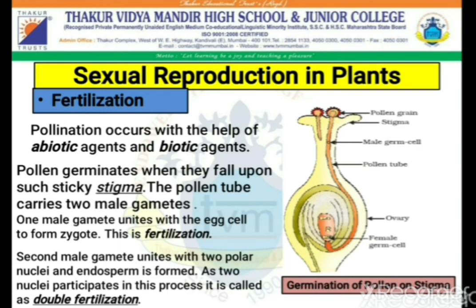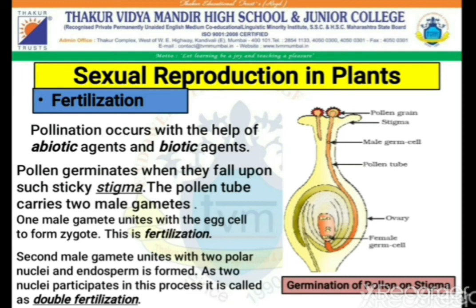So there is a new term called double fertilization. Double fertilization means the fertilization is carried out two times. The first male gamete has combined with the egg, and a fertilization has occurred.